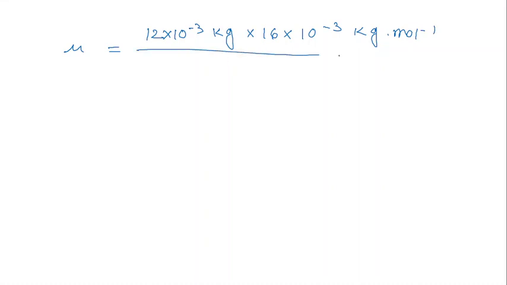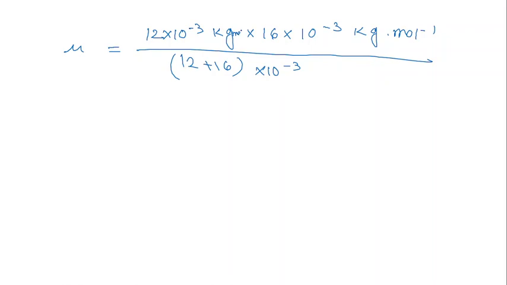Here they told us this is the carbon monoxide molecule. So carbon is 12 into 10 to the minus 3 kg. I'm transferring it into kg.